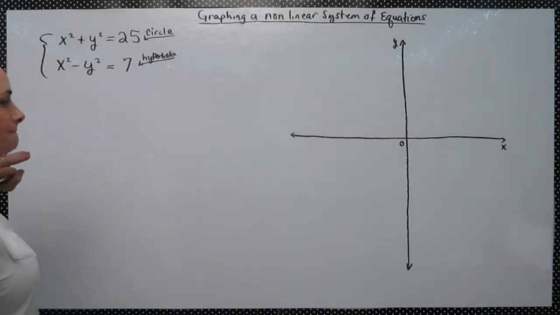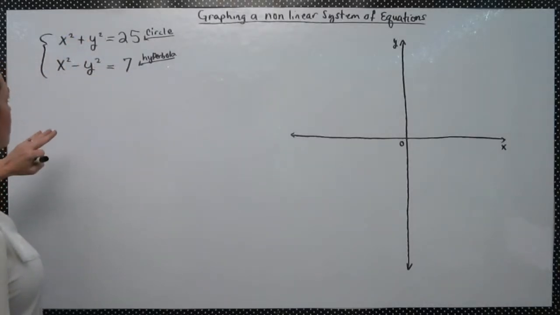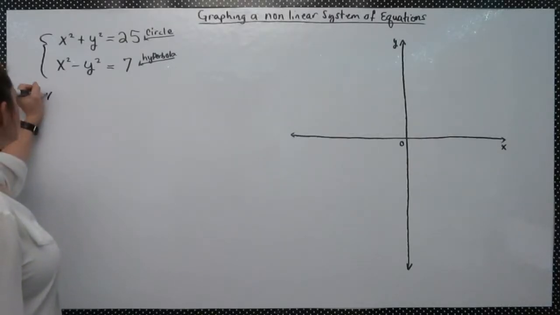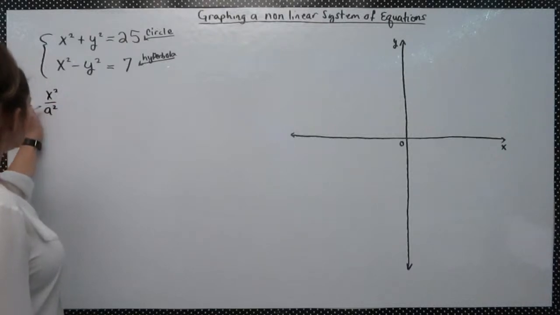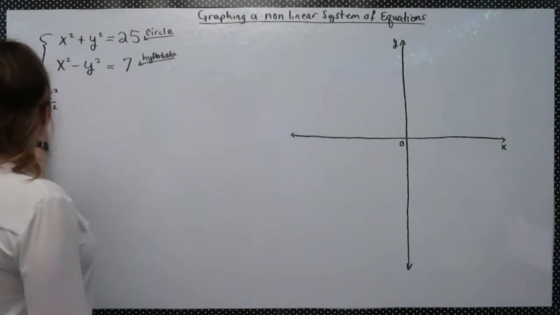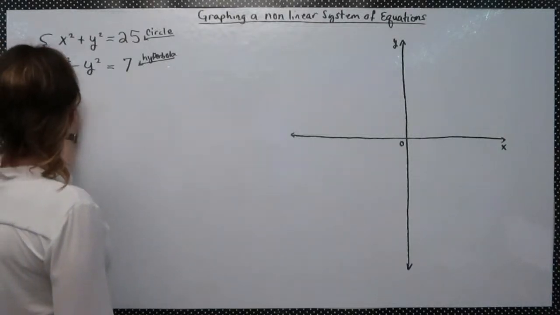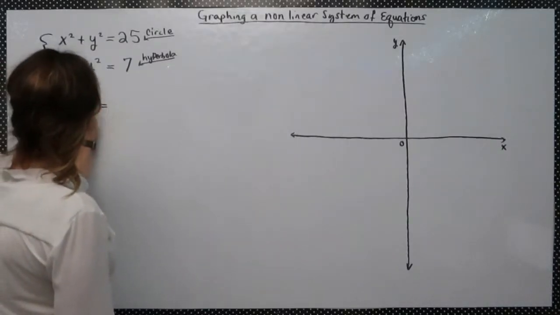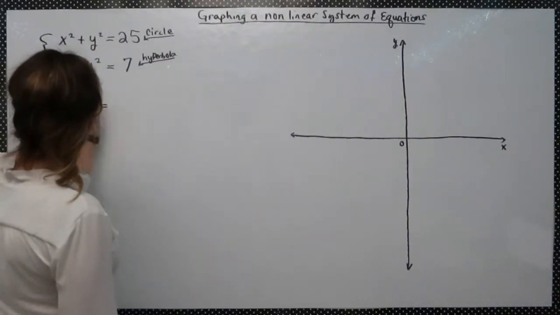All right, but what I can do is I can use that the center of the circle, and I can say x squared over a squared minus y squared over b squared equals 7.